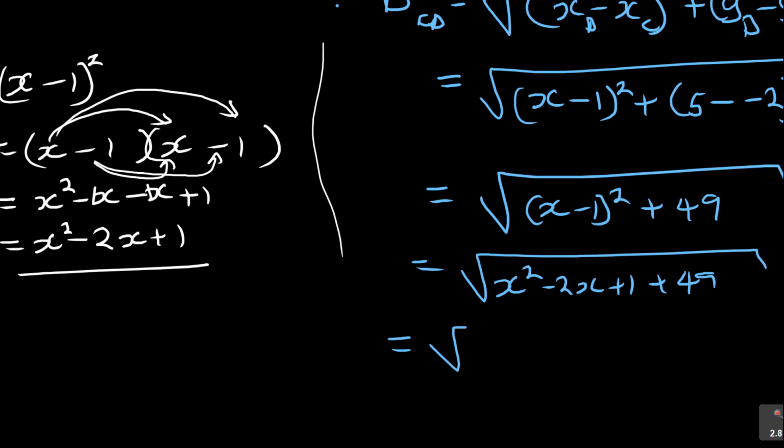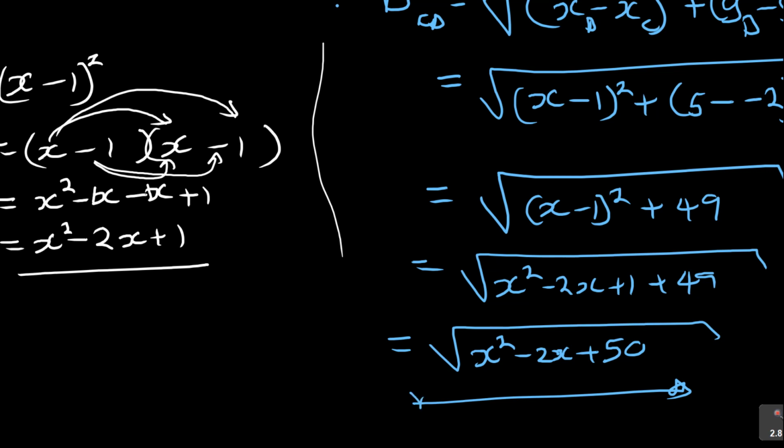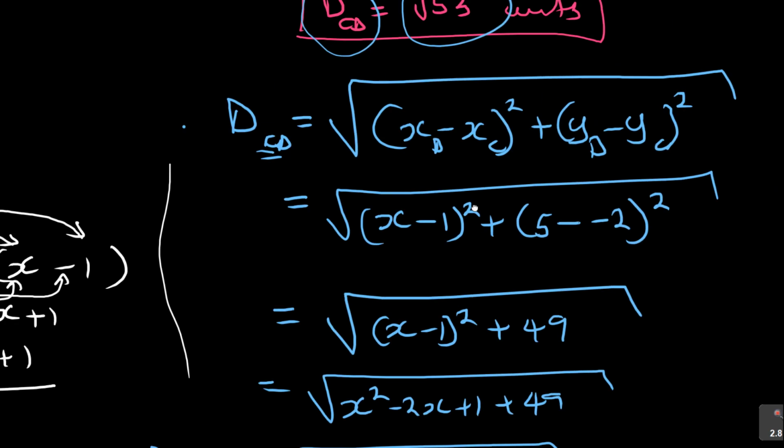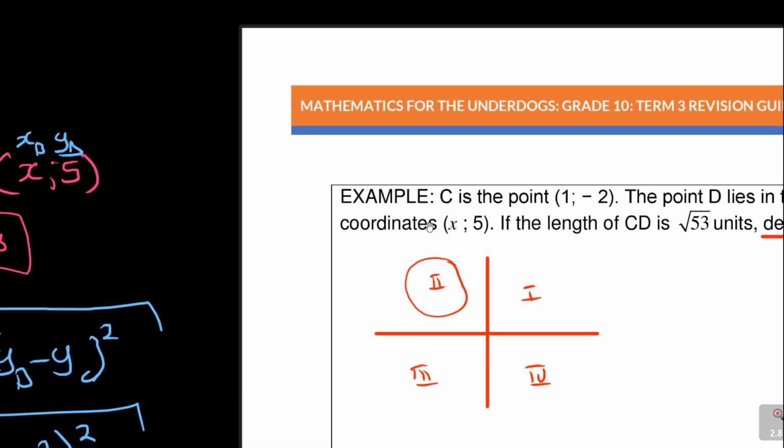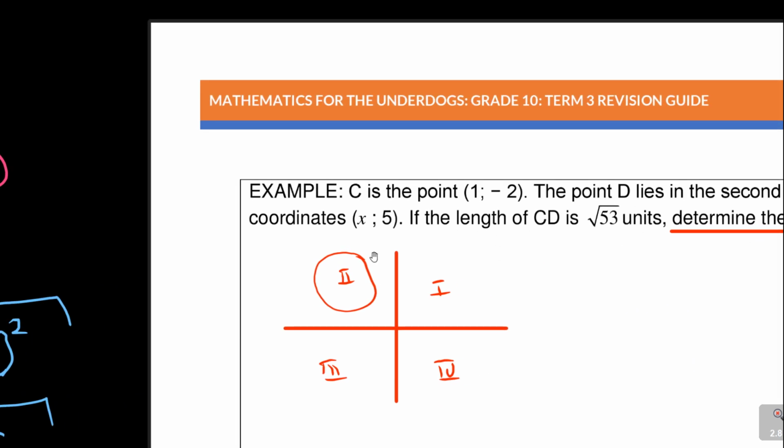So equal to the square root of, collecting like terms, x squared minus 2x, and then 1 plus 49 is plus 50. Then this is a distance. What is this distance? As we said, that's the distance CD. But the good thing is they told us the distance CD here. They say the length of CD is square root of 53 units.